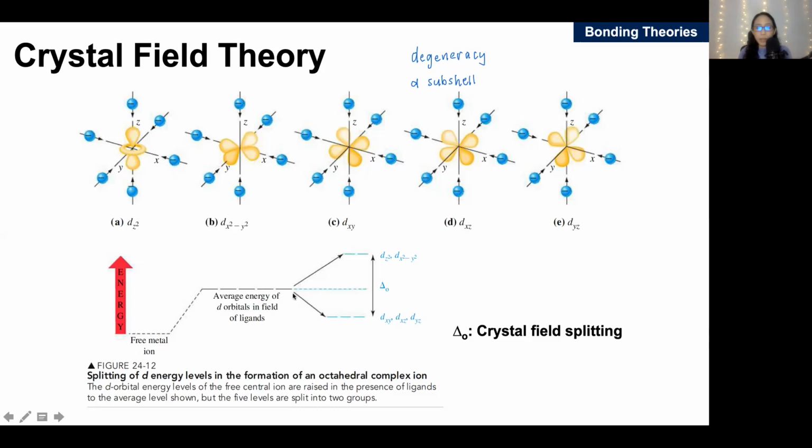So there is a lowering for the xy, xz, and yz, and an increase for the z squared and x squared minus y squared.